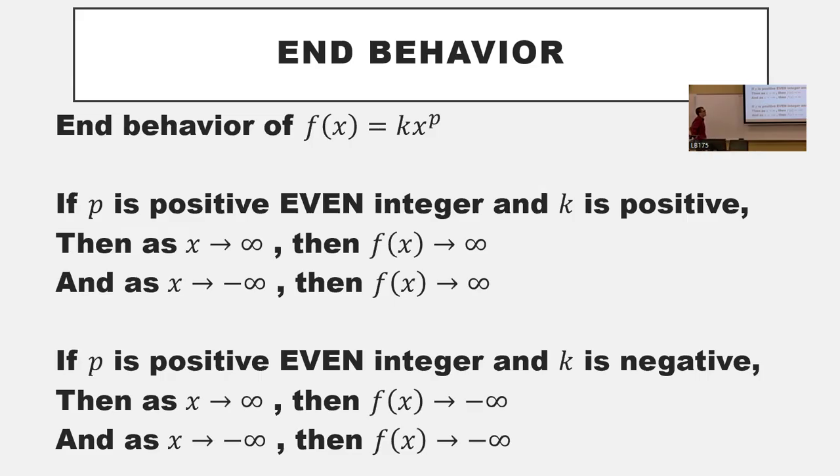So let's look at our function k times x to a power where the power is even. If I have k times x to a power, if the k is positive, then I'm going to get that parabola shape pointing up.